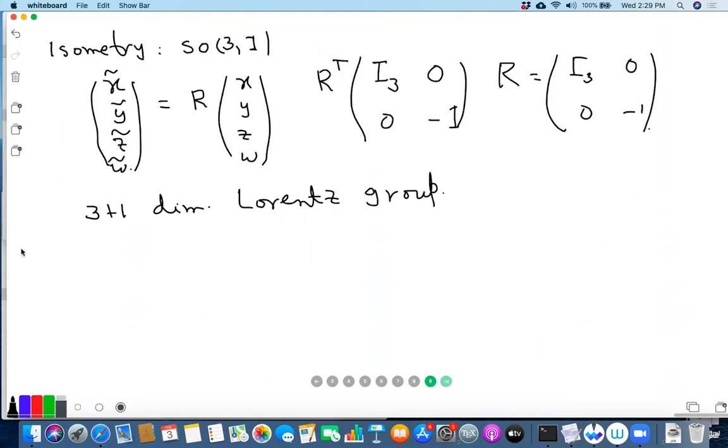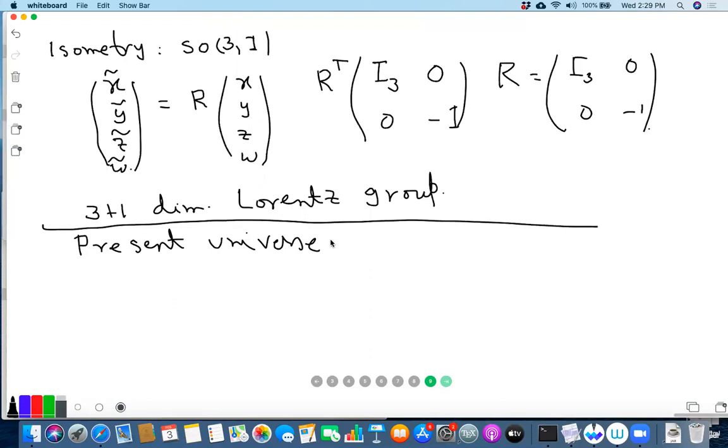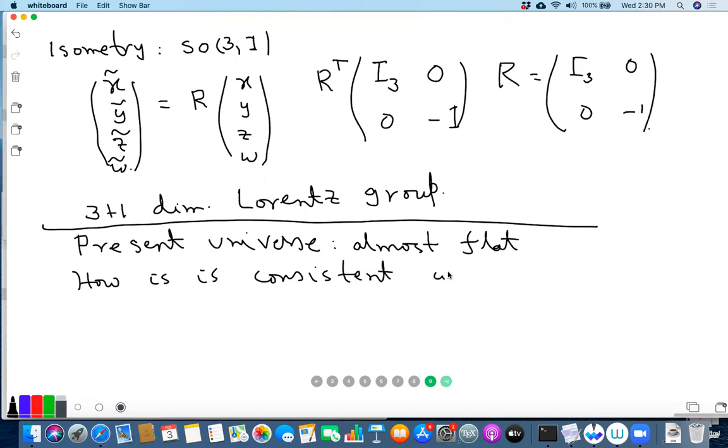Now let's come to the present universe. The present universe is almost flat. And one can ask, how is it consistent with the FRW metric that we introduced?